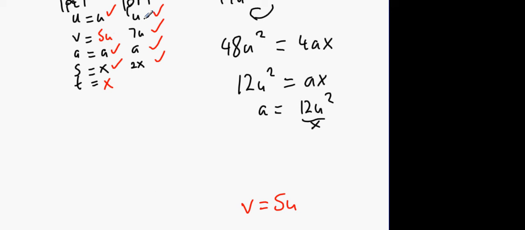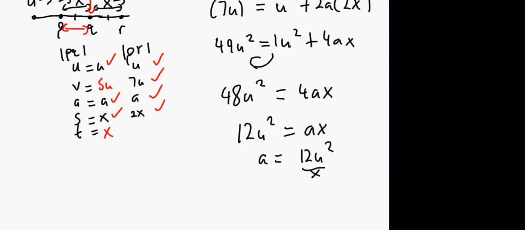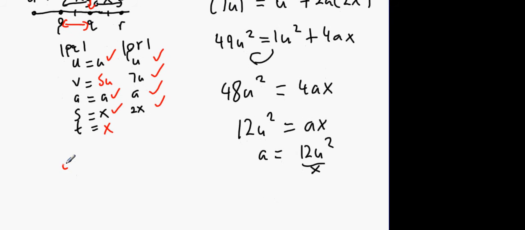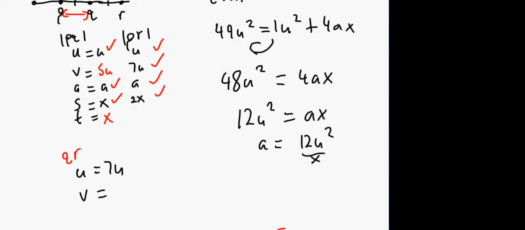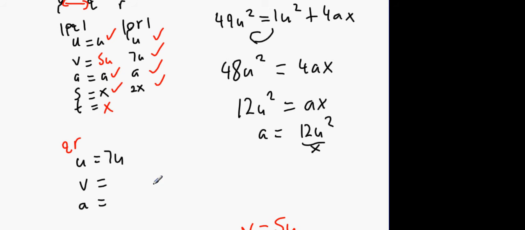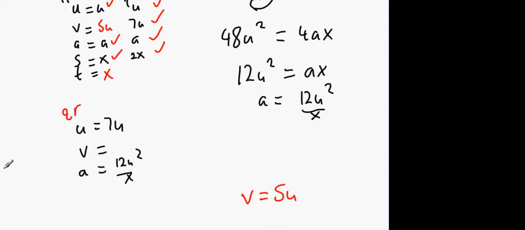And we now know that if we were to do the segment QR, is everybody looking at QR? If we were to do the segment QR, we could say that v is now 7U. u is, we don't know what. A is still 12U squared over X, yeah? The distance of Q to R is X. So S equals X. And T is our target, okay?